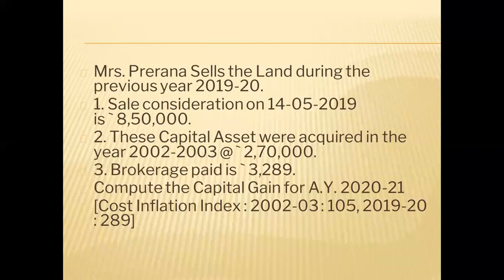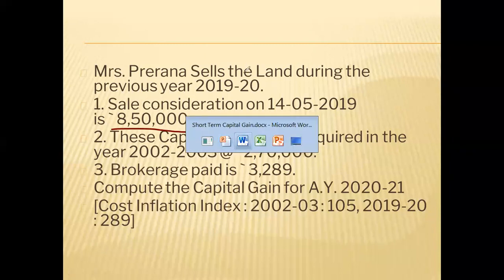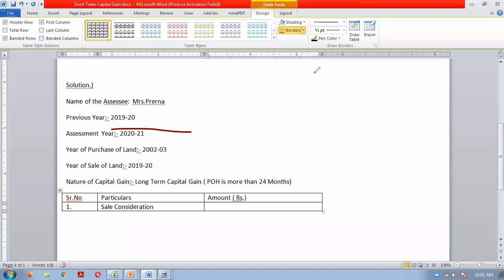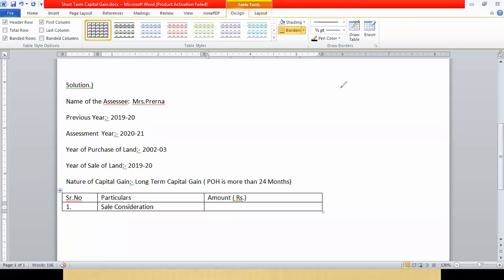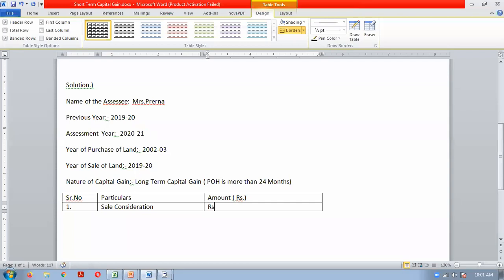For 8,50,000 rupees. How much rupees she will get by selling the land? 8,50,000. That will be the sale consideration. Rupees 8,50,000.